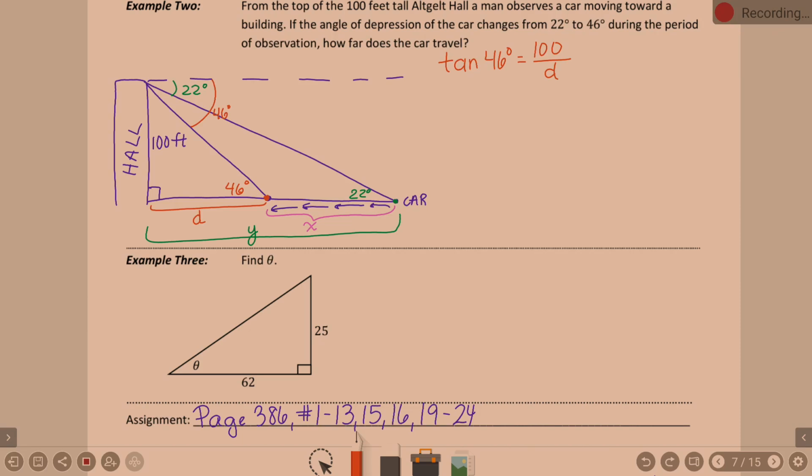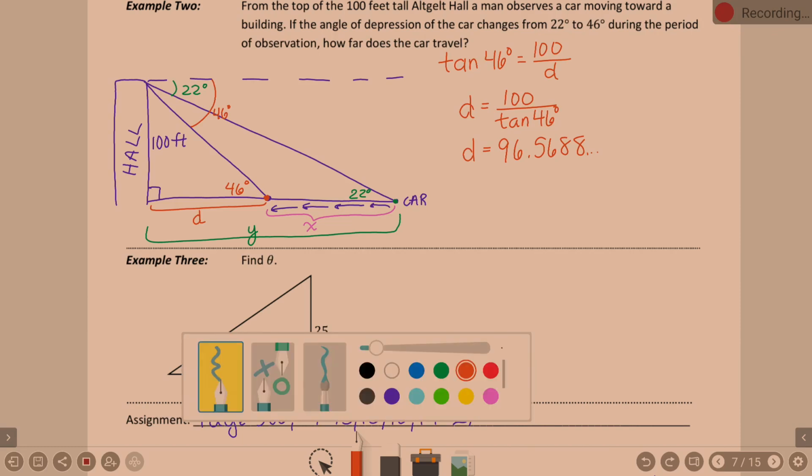How are we going to find D then? You realize it's going to be 100 divided by tan of 46? And 100 divided by tan of 46 is 96.57. Make sure you leave several decimal places there, because my answer is going to have two decimal places. So 96.5688, and so on and so forth.